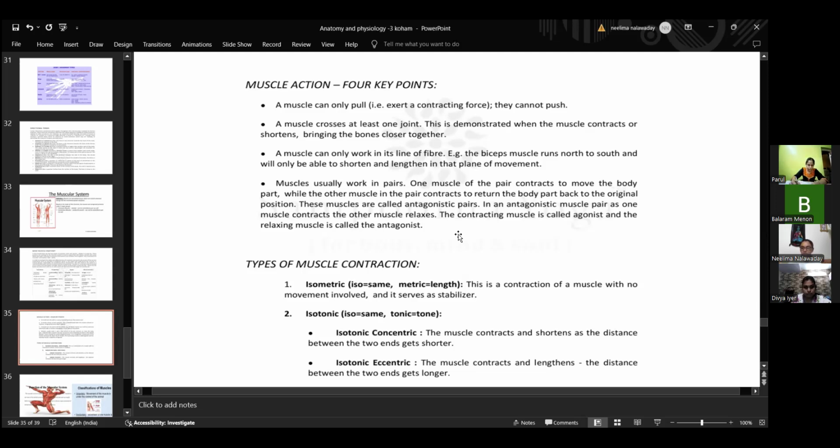Then it is called isotonic. Isometric: metric means length. Isotonic, concentric: the muscle contracts and shortens. In this type of muscle contraction, the tone is the same, but the muscle is shortening in length.